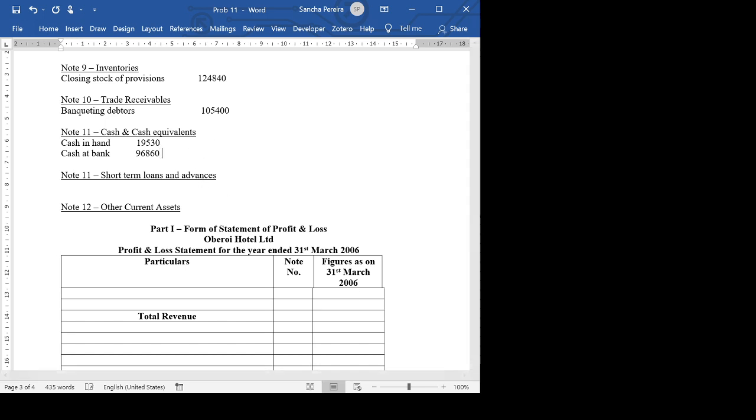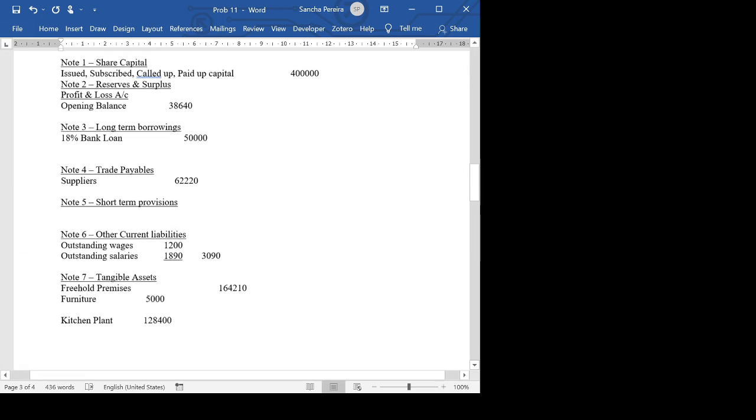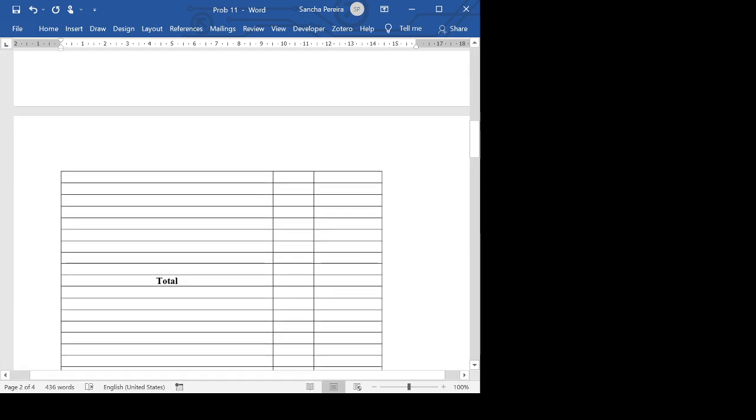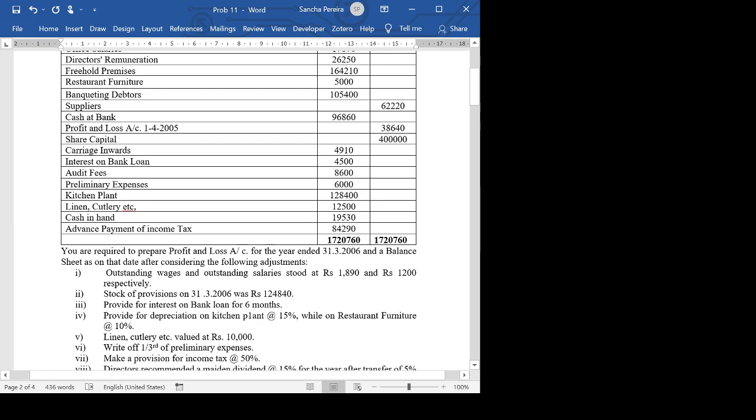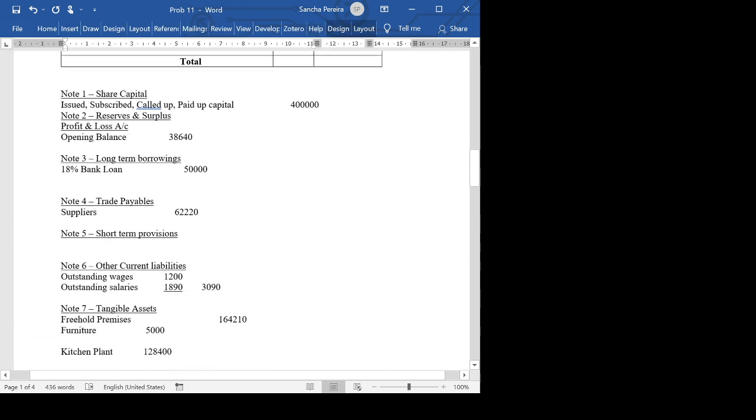Put this together and we get 1,16,390. Then we have short-term loans and advances. We have advance payment of income tax. The last one, 84,290.